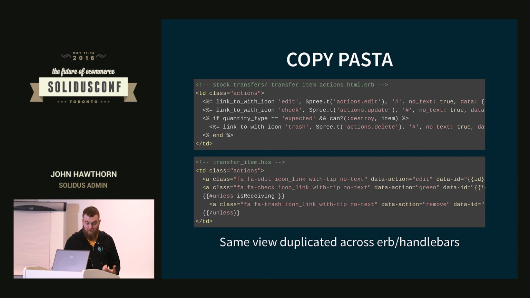And I thought, all right, shouldn't be too hard. I'll just go in there, change the classes in both here and in the view, and that should be that. But I found there were actually two copies of the exact same view. One in a normal HTML erb file, and another as a handlebars file.